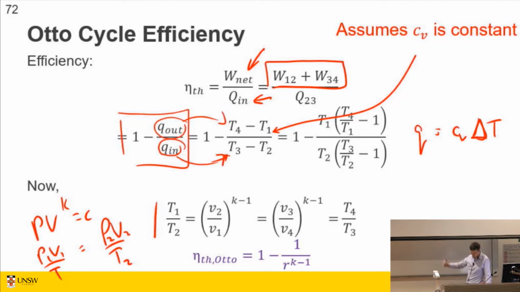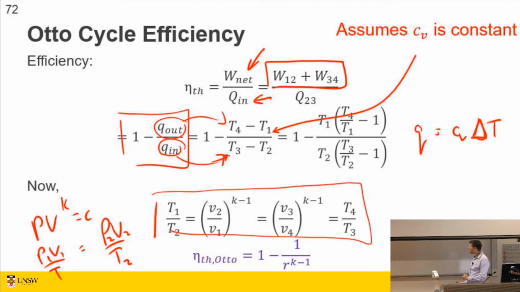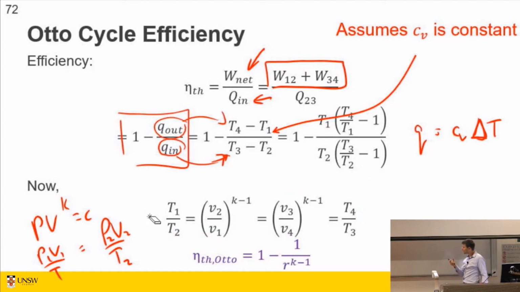Between those two, you can get these relationships here, all right? And we can define a thermal efficiency for an ideal Otto cycle. So this is assuming things like isobaric, things like isochoric, things like reversible, so isentropic compression and expansion, right?